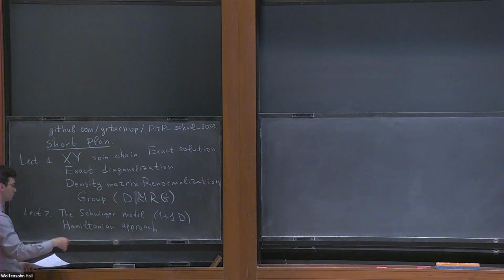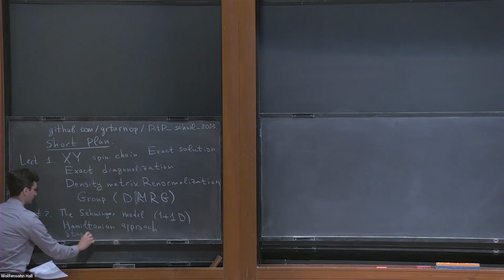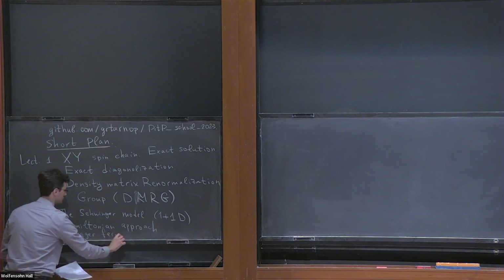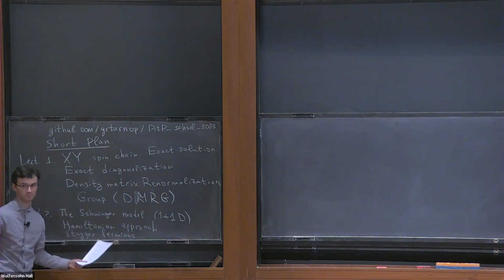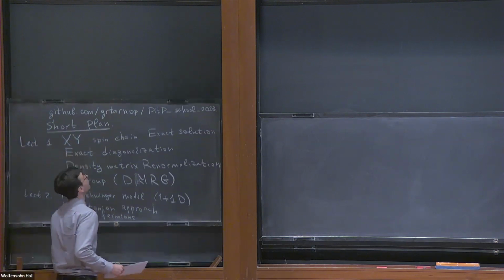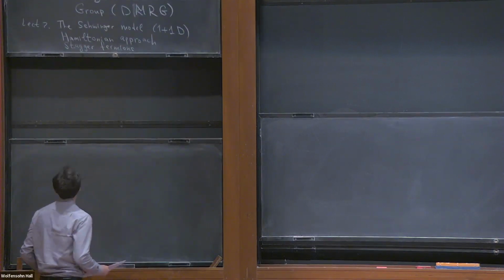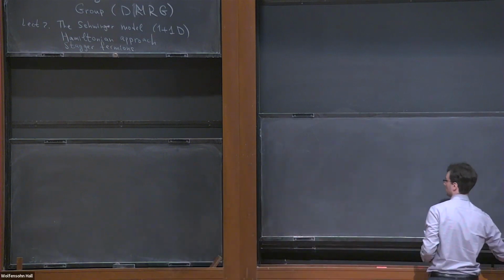How to put it on a lattice using the construction by Kogut and Susskind, which is called staggered fermions. I'll show that in the end, this model is basically described by a 1+1 spin chain with a sort of non-local interaction, and then the same method can be applied to this model. All right, so it's a short plan.